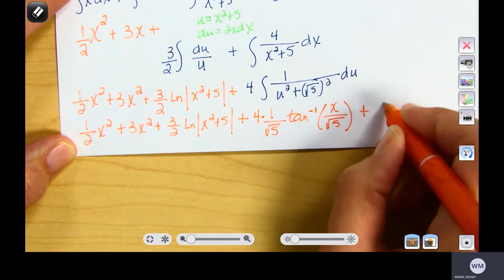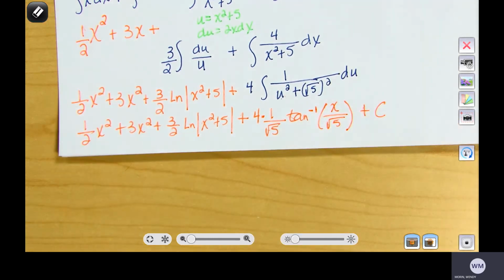And then your plus c. And you're finally done with that problem. Okay? So long division to make it look different so you can make it look like one of our rules.